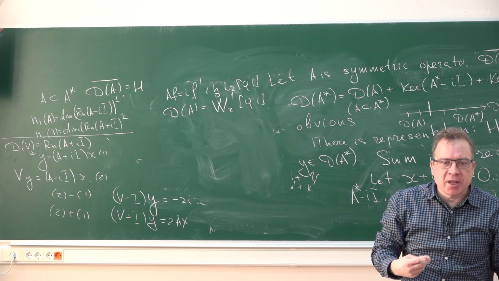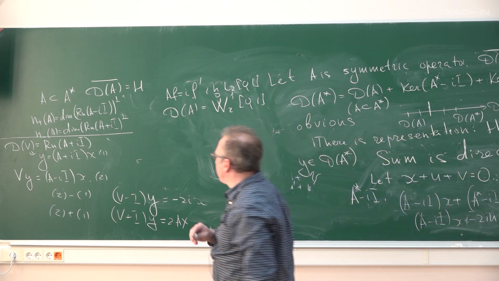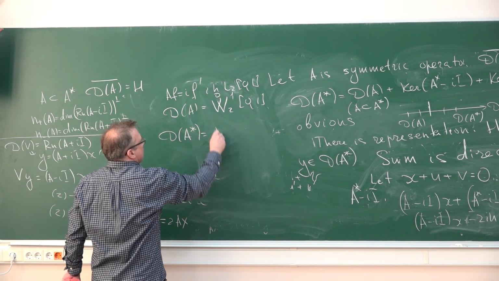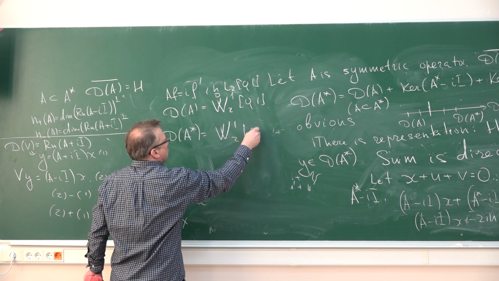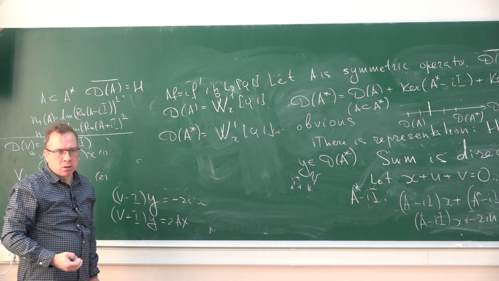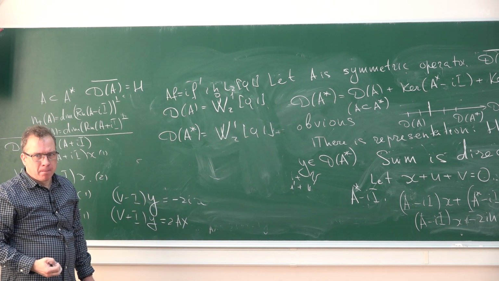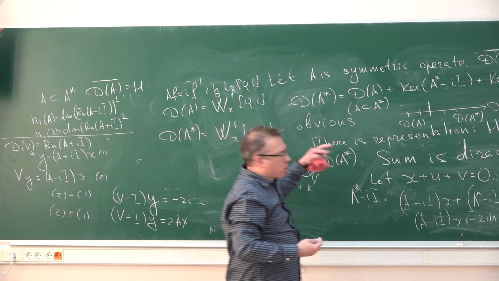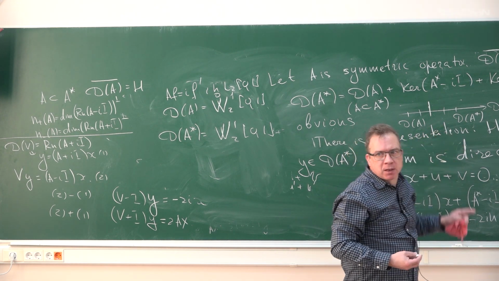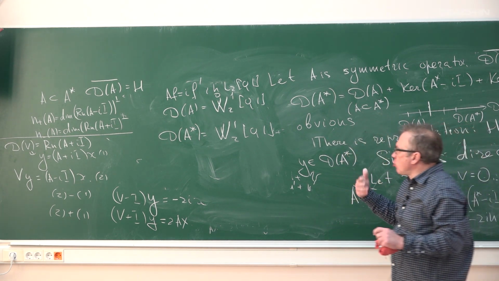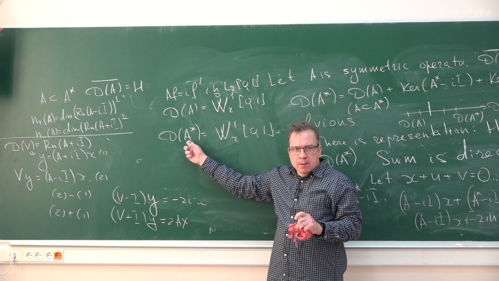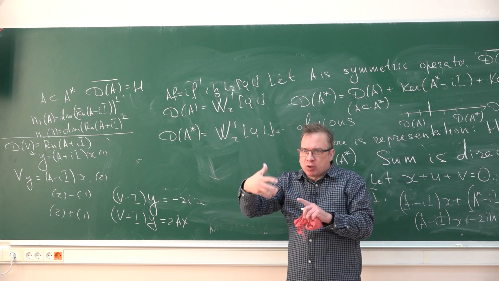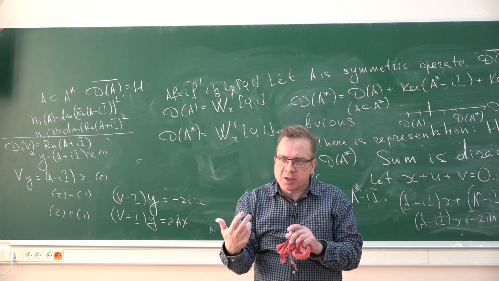We showed that this operator is symmetric, but it is not self-adjoint, because the domain of the adjoint operator is the Sobolev space without any boundary condition. So you try to find some restriction on this domain. Then automatically this domain extends. And if they coincide, you obtain a self-adjoint extension.